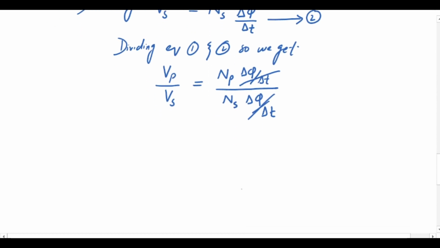So we have VP over VS equals NP over NS.